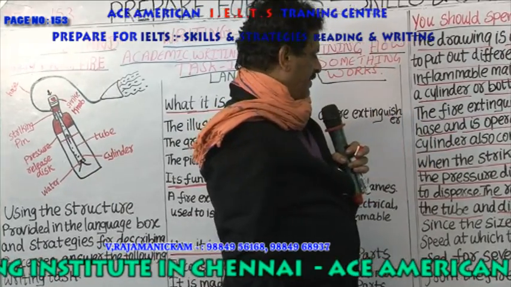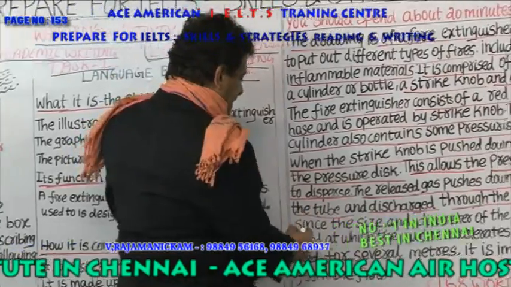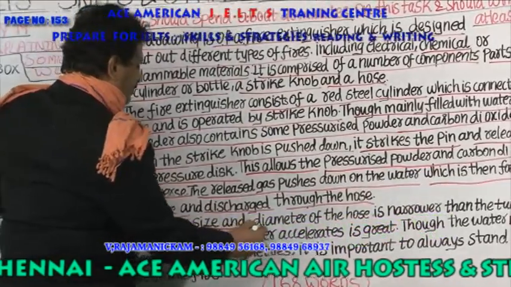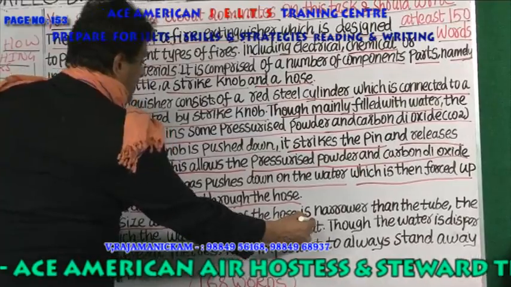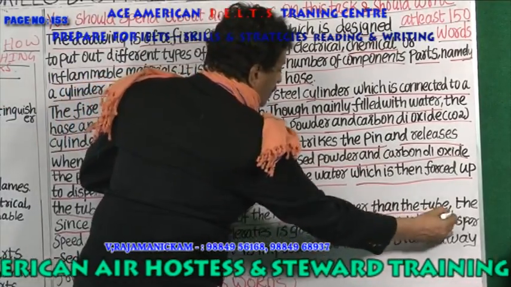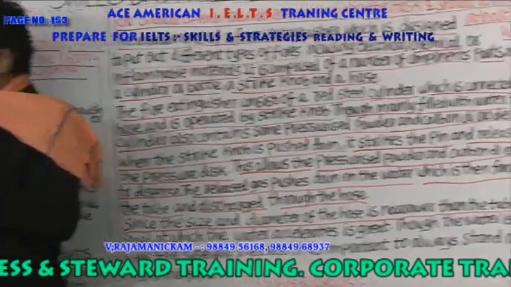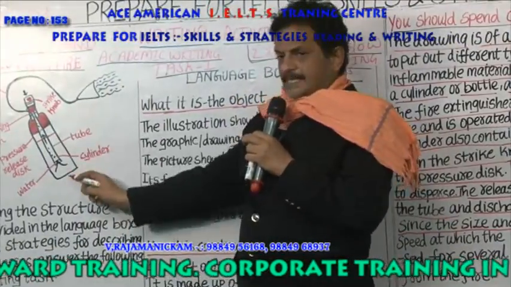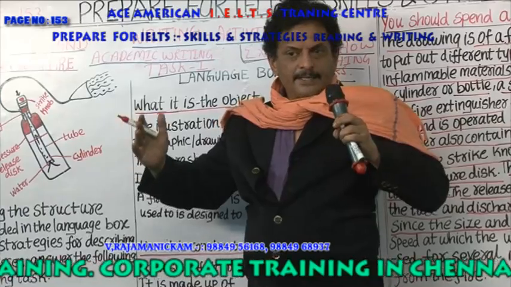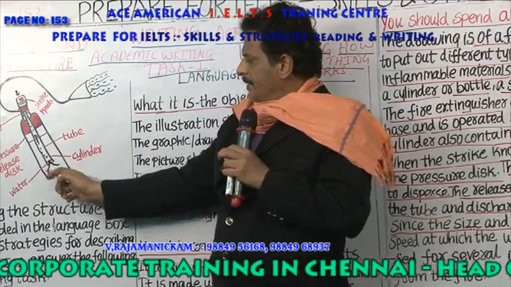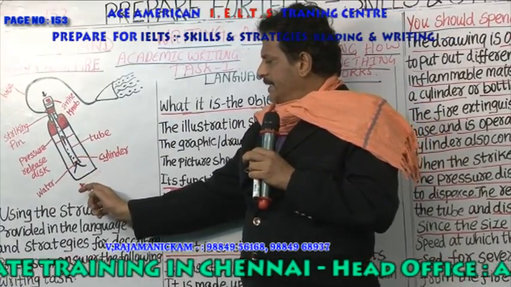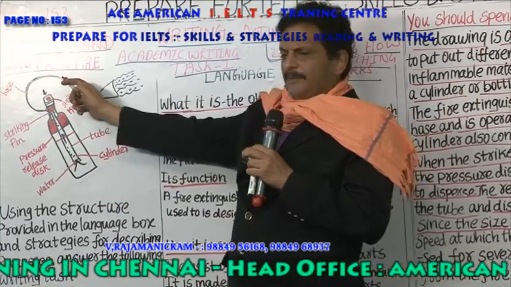Next paragraph he says, since the size and diameter of the hose is narrower than the tube. See my dear friends, see the hose size here, it is so small, isn't it? See the cylinder size, it is bigger, right sir? The diameter of the cylinder is bigger than the hose.